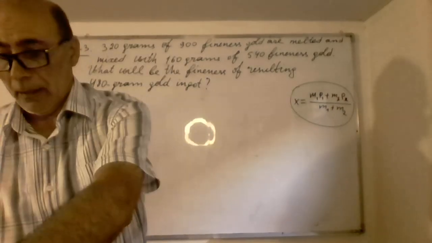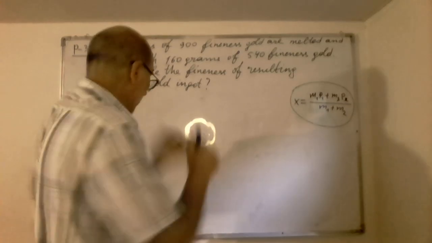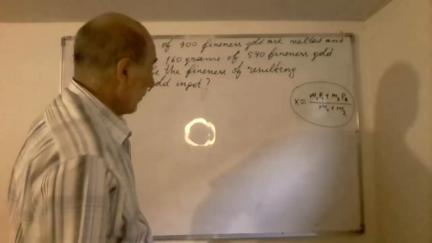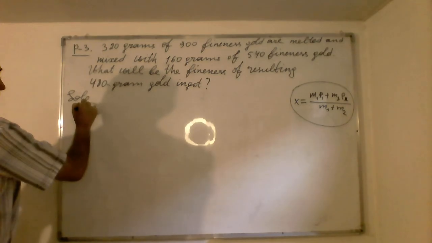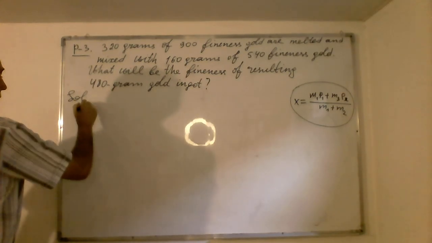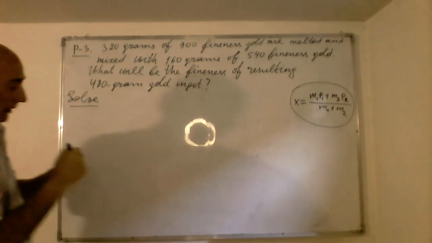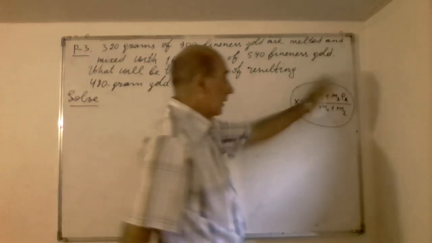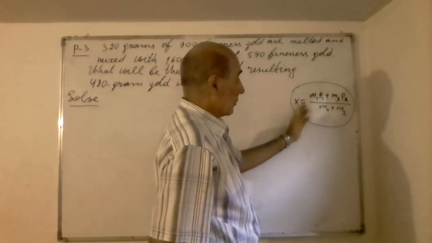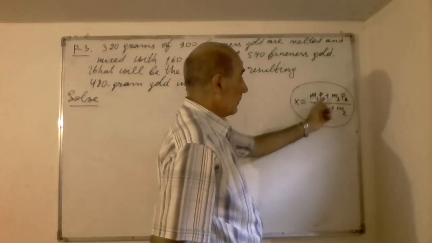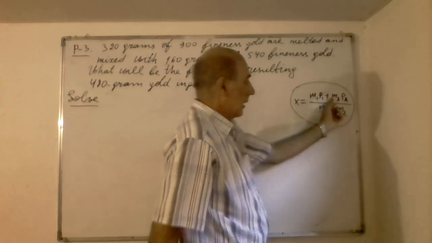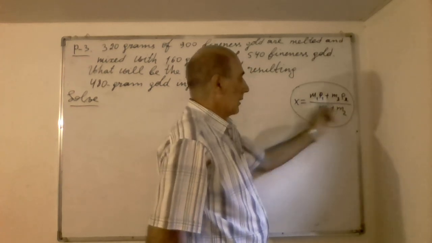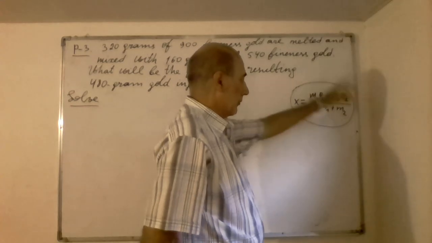Okay, let's solve this problem according to the formula x equals (m1 times p1 plus m2 times p2) divided by (m1 plus m2).